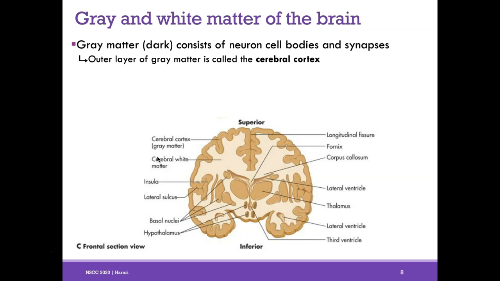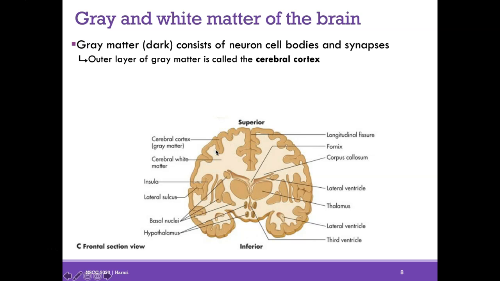So the brain and the spinal cord are both made of neurons and their supporting cells, the neuroglia, and they form either gray matter or white matter. So gray matter is the cell bodies of the neurons and the dendrites, the synapses that they form. So we could look over here at the section of the brain. This is a frontal section view of the brain.